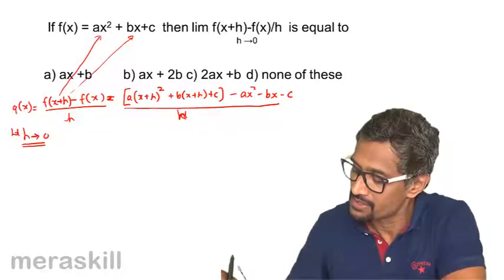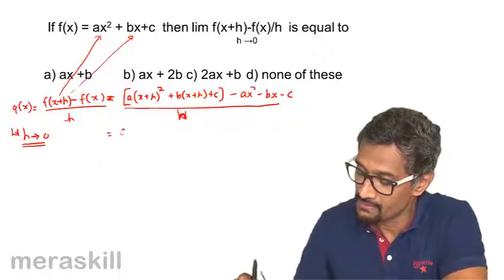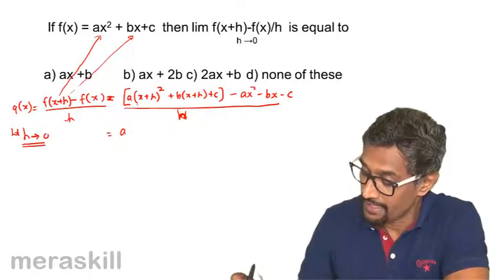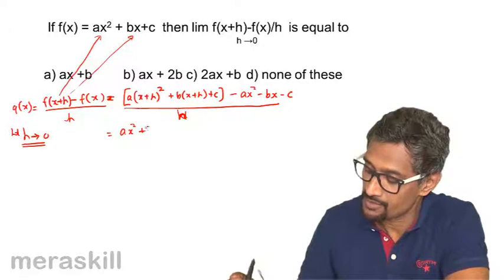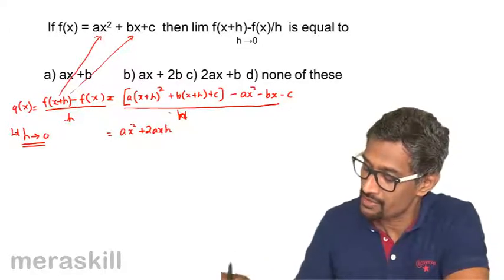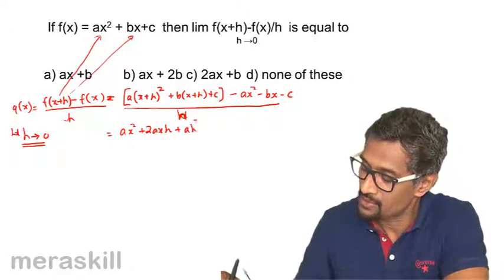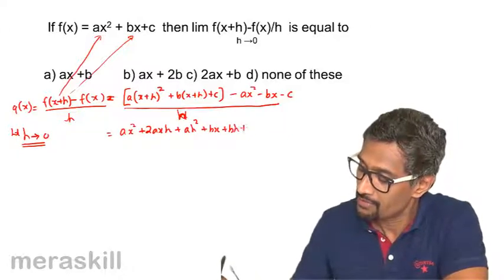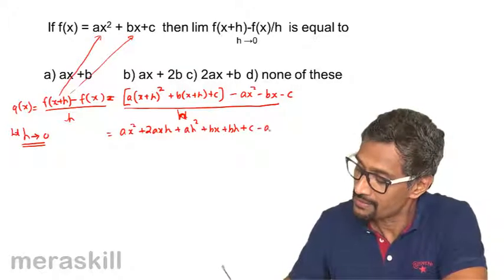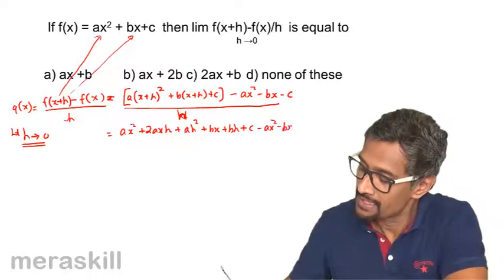Simplify this. This becomes a times x square plus 2axh plus ah square plus bx plus bh plus c minus ax square minus bx minus c.